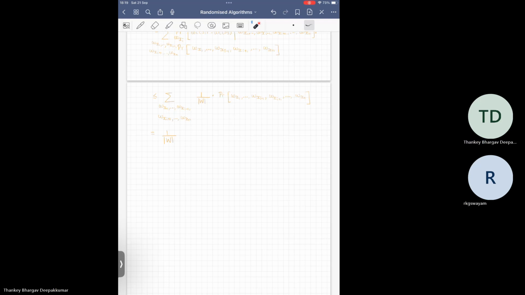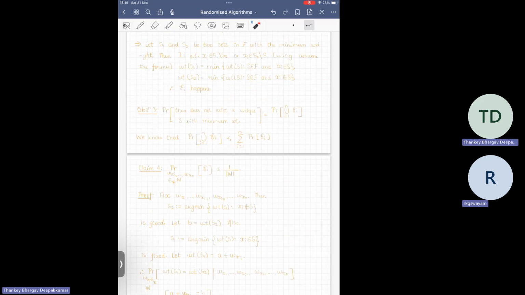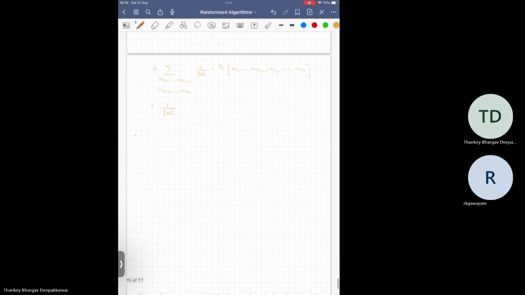Okay, so now we know that each and every one of these is at most 1 over size of W. So this sum is at most N over size of W, right?